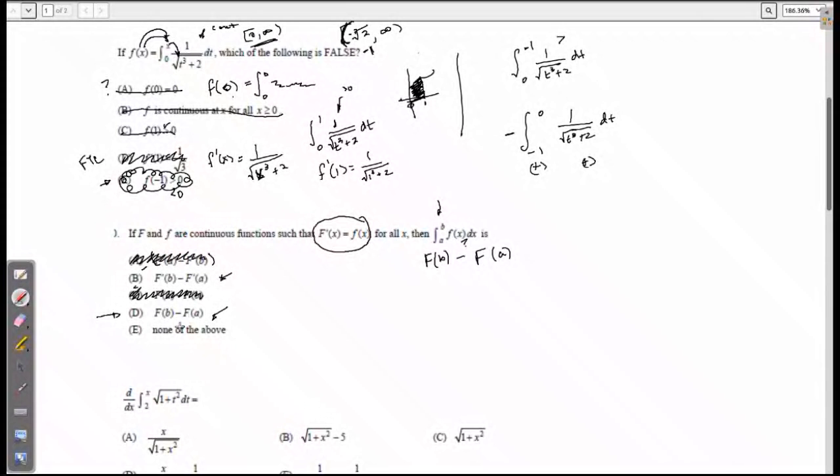Is it this choice or this choice? And the idea is that if I'm trying to find the antiderivative of a function, I don't necessarily want this function. If I'm doing this, then I'm really evaluating F of b minus F of a. And that's not only true for certain values, it's true for all values. So D ends up being the best answer here.